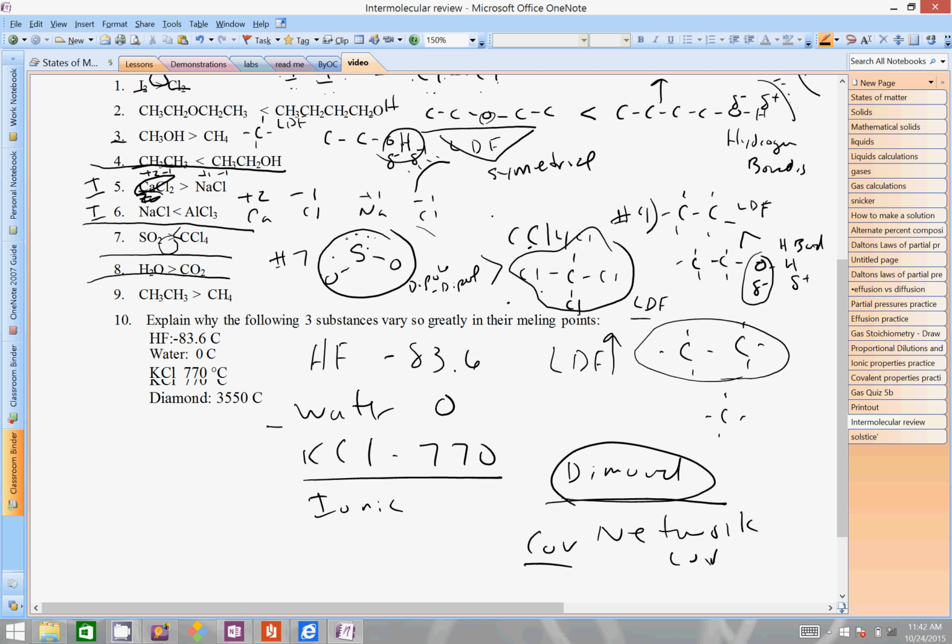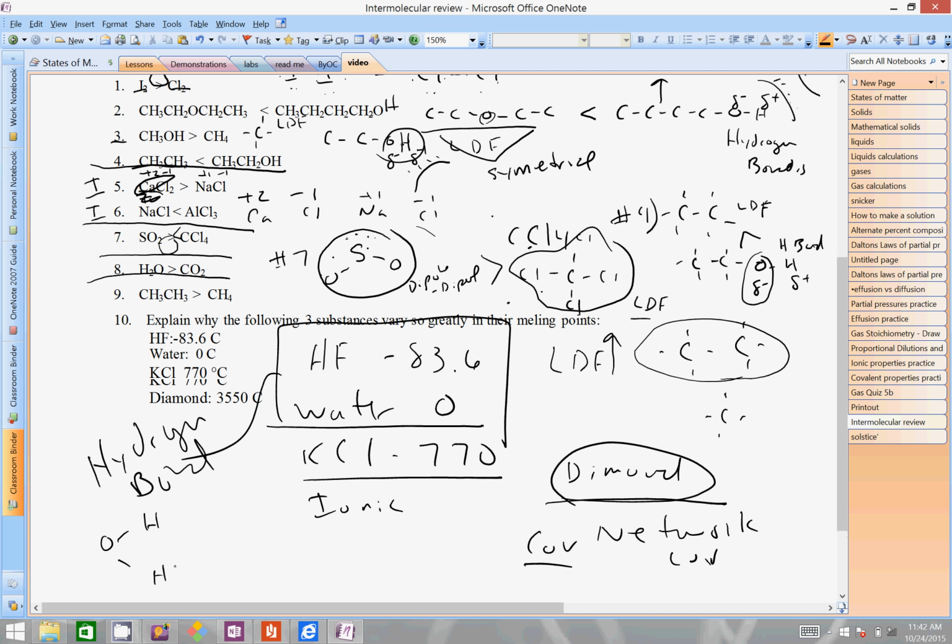These two guys here, technically they both would be breaking a hydrogen bond. And whether it's like this, okay, or whether it's like this. Alright, this is my partial negative, this is my partial positive, this is my molecule. We'd be breaking interactions between the molecules.